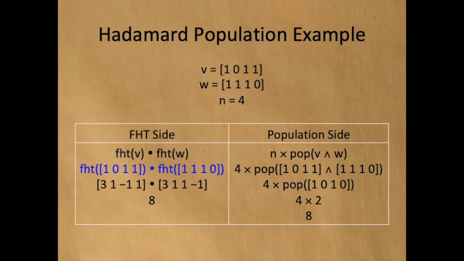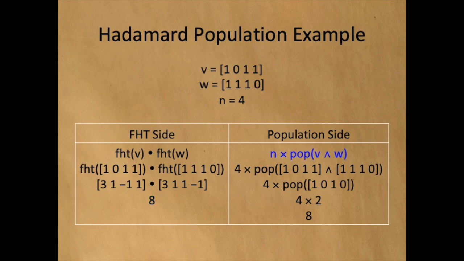First, we substitute v and w into the expressions to get the fast Hadamard transform of 1, 0, 1, 1 dot product with the fast Hadamard transform of 1, 1, 1, 0. Then we compute the fast Hadamard transform of both vectors to get 3, 1, minus 1, 1 dot product with 3, 1, 1, minus 1. And computing the dot product gives us 8.